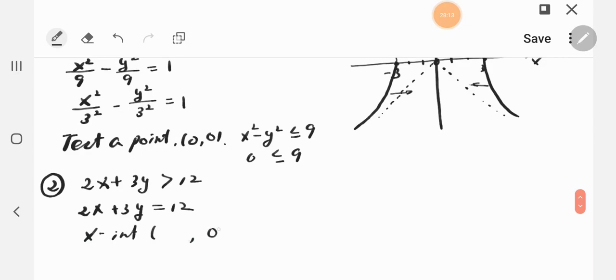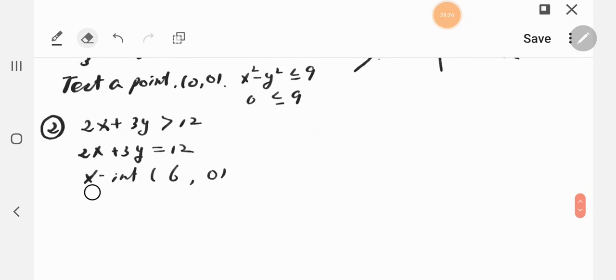When y equals 0, x equals 6. And the y-intercept: when x equals 0, y is 4.